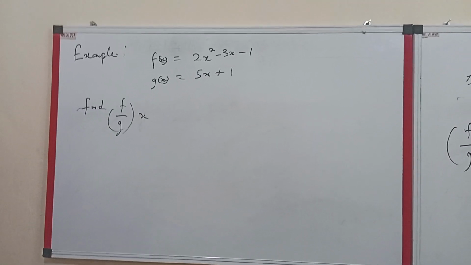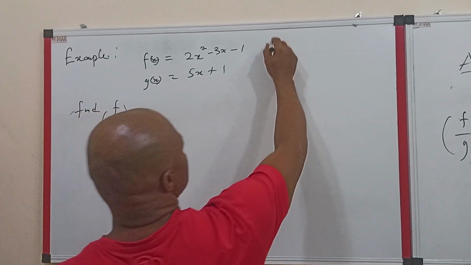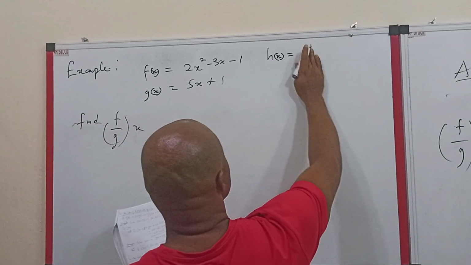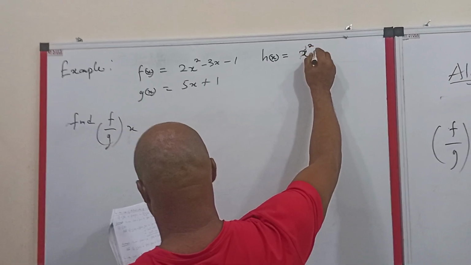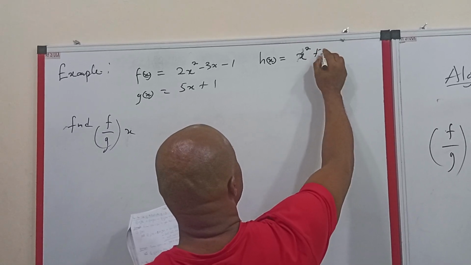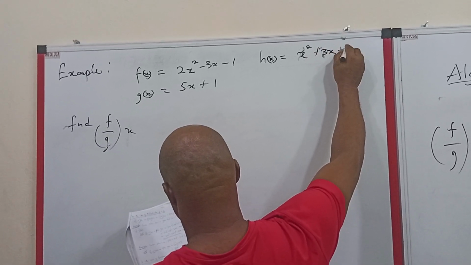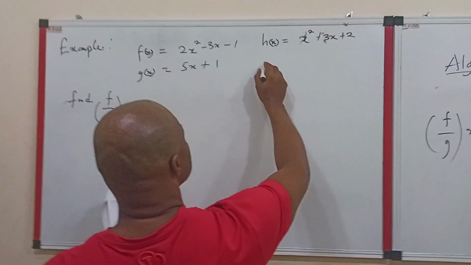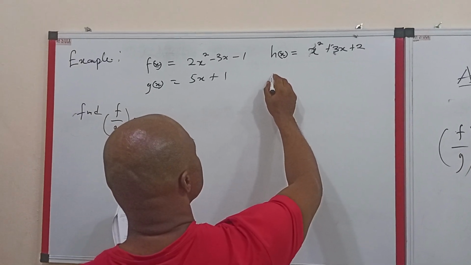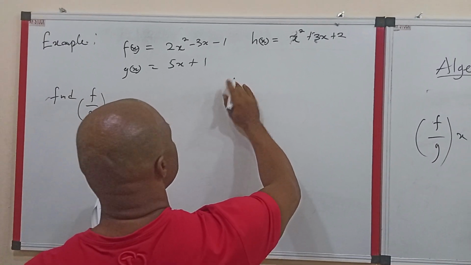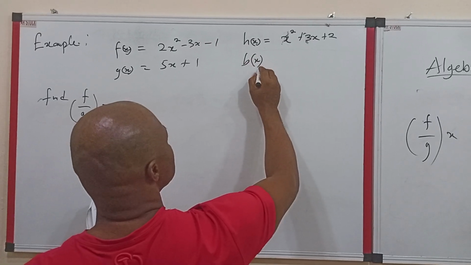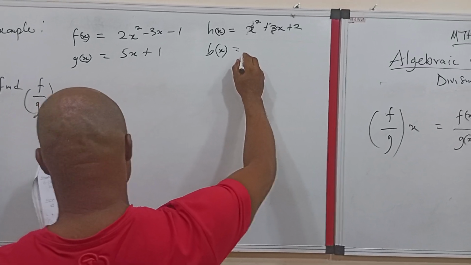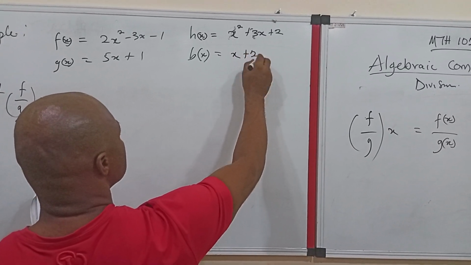Now, if we also have h of x as x raised to power 2 plus 3x plus 2. Then we have, say, b of x equals x plus 2.